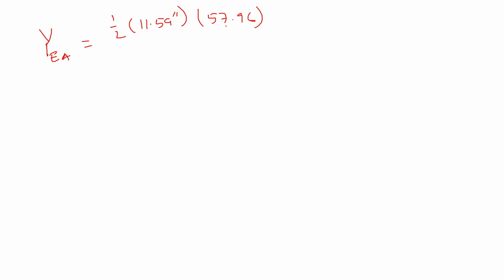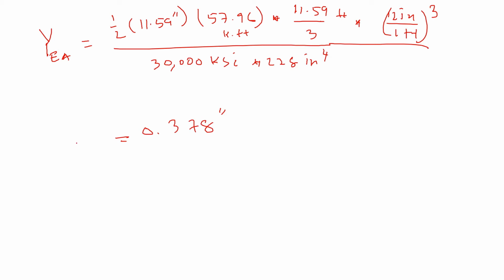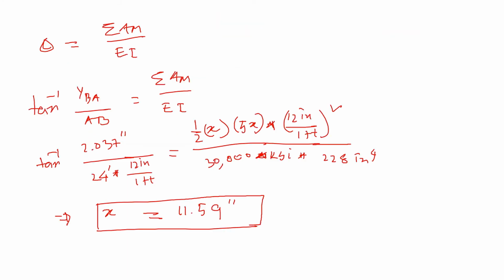If we multiply this times 5, and then times the 1/3 of 11.59, that's the centroid, divide by 30,000 KSI times 228 inch to the power 4. Now here I got k-foot, here I have foot, so I have to convert this. So 12 inches is 1 foot, and I got cube, so let's cube that. If we do this calculation, we find 0.378 inches is YEA.